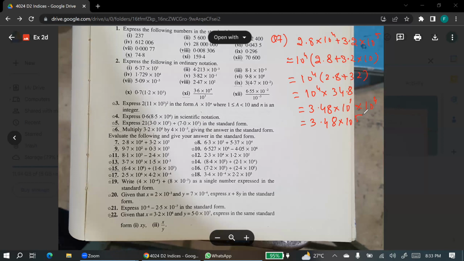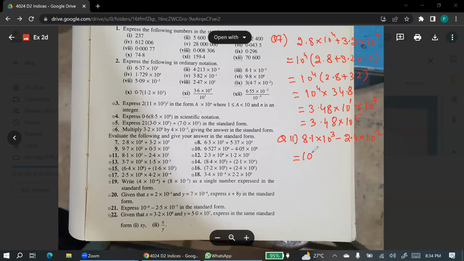Now, question number 11. 8.1 into 10 power 3 minus 2.4 into 10 power 2.